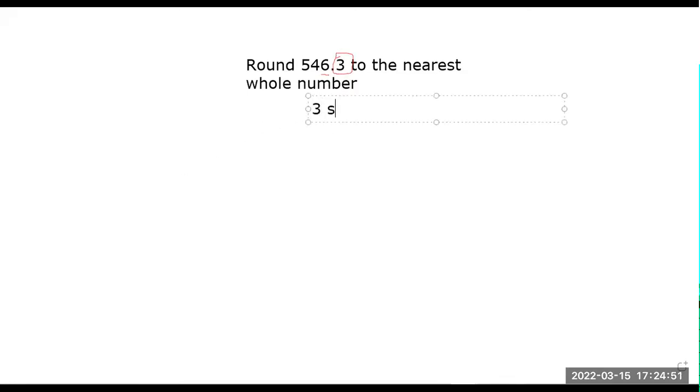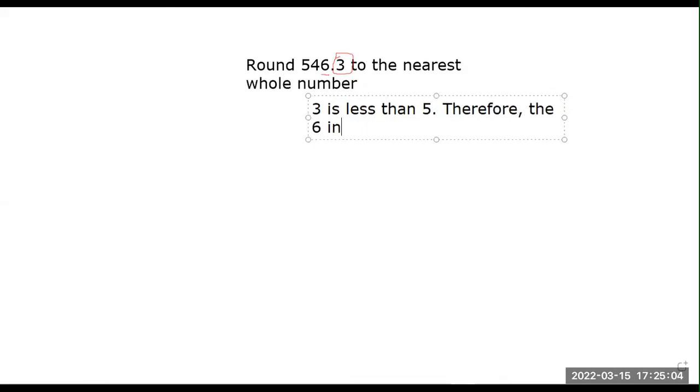So 3 is less than 5. Therefore, the 6 in the ones column remains the same, right?